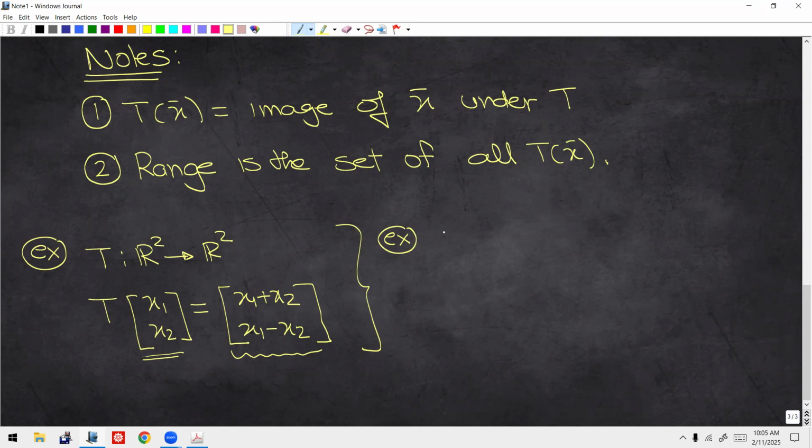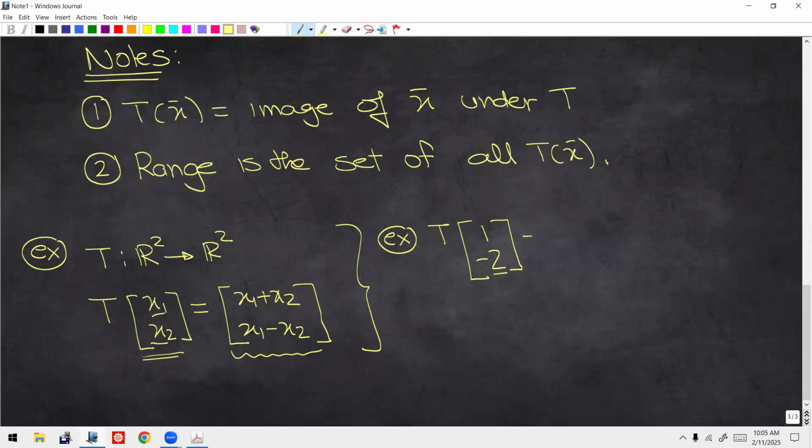Actually, let's do (1, -2). So let's do T of (1, -2). So remember, this first component is x1, negative 2 is x2.